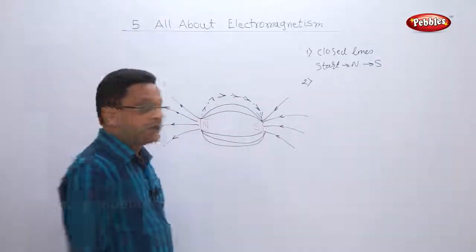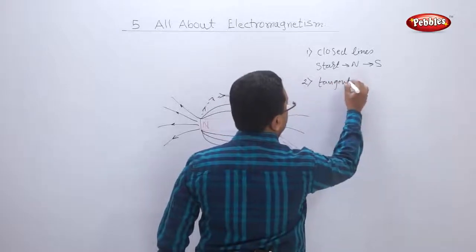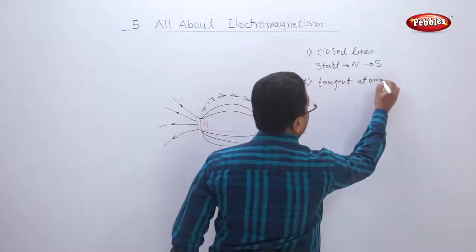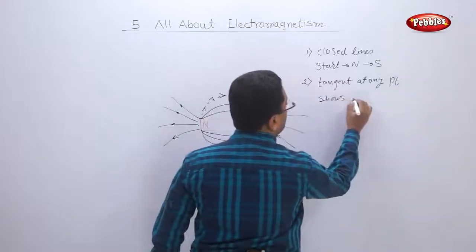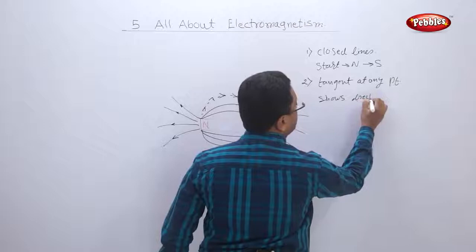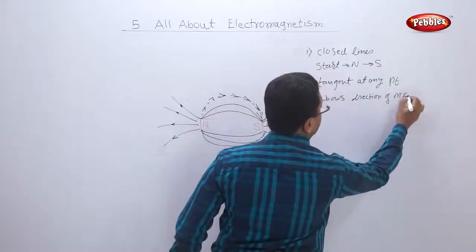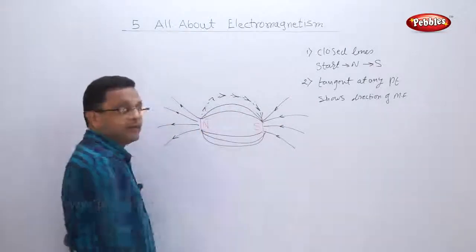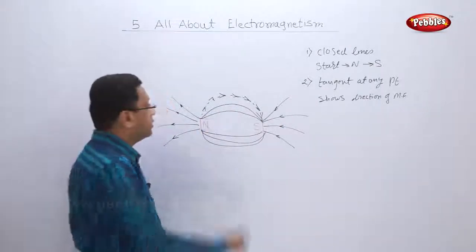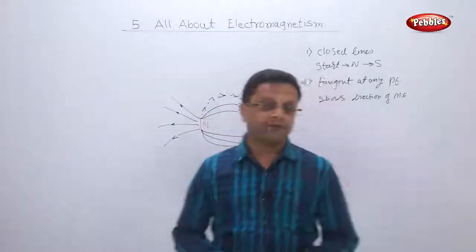The second property is the tangent at any point shows the direction of the magnetic field. You take a tangent at any point on these lines of forces, and it will show you the direction of the magnetic field.